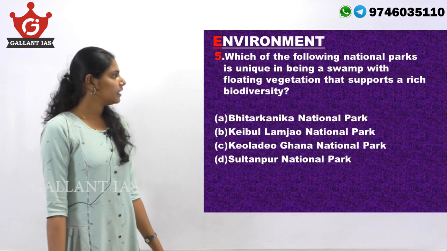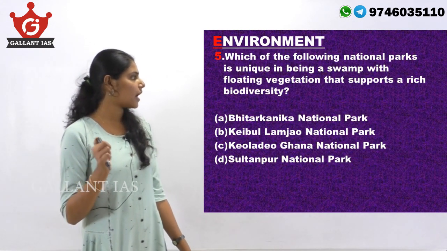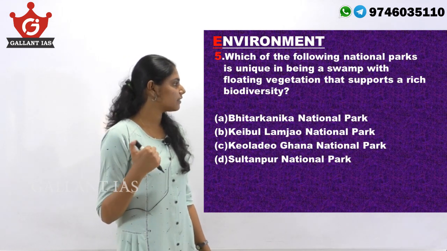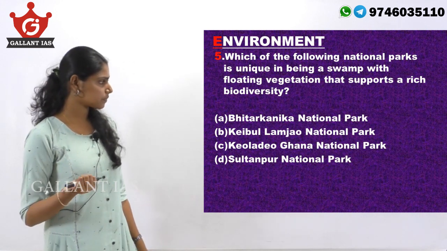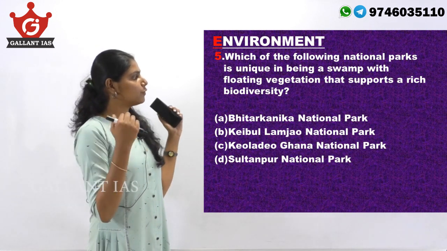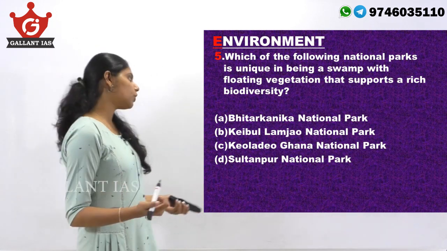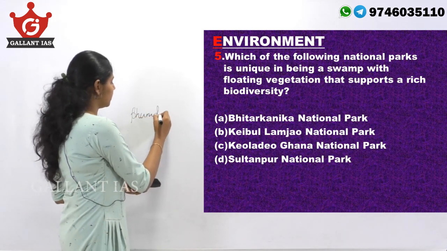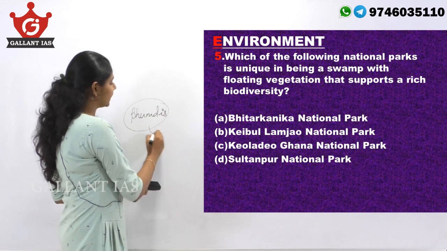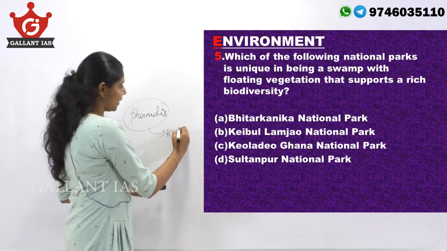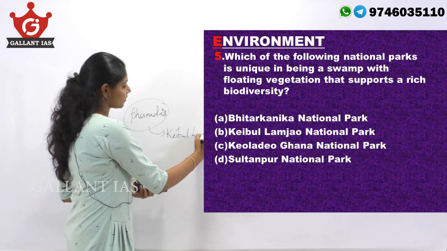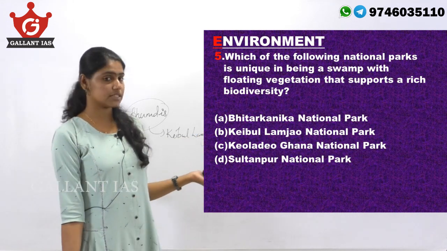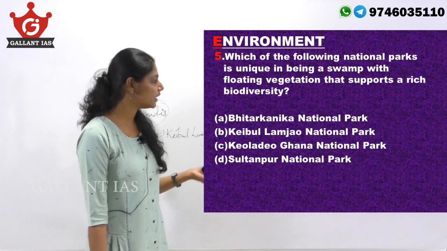Question from Environment. Which of the following national parks is unique in being a swamp with floating vegetation that supports a rich biodiversity? This floating vegetation, also known as phumdis, is found in Keibul Lamjao National Park, and it is the only floating national park in the world.